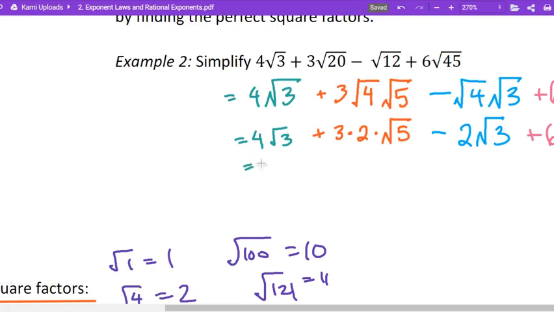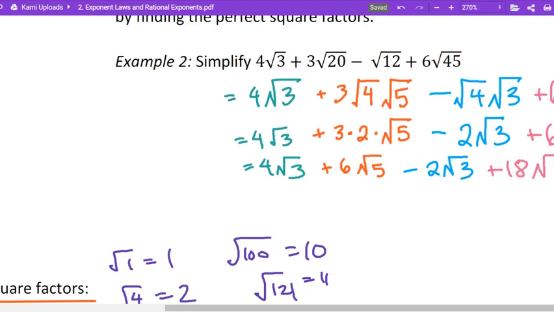Let's multiply the coefficients. 4 root 3 plus 6, whoops, minus 2 root 3 plus 18 root 5.